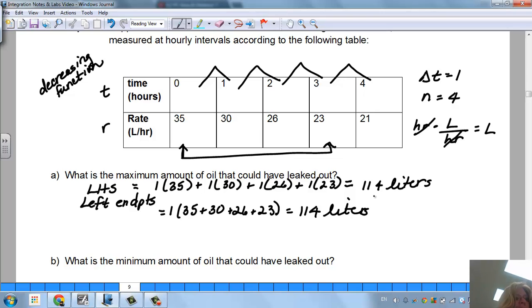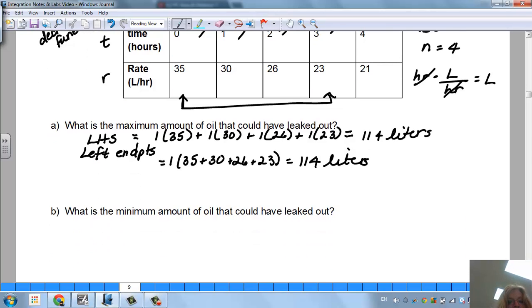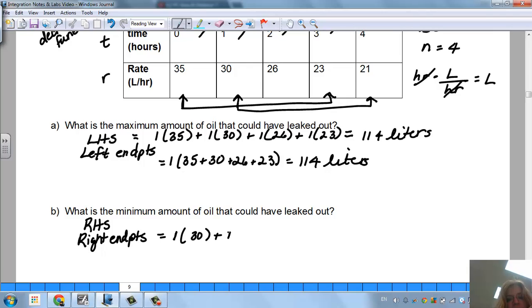Okay? Now, what is the minimum amount of oil? Well, the minimum is going to be our right-hand sum, or our right endpoints. And so that's going to start here at 30 and come to 21, and they're all still 1 wide, so it's 1 times 30 plus 1 times 26 plus 1 times 23 plus 1 times 21.